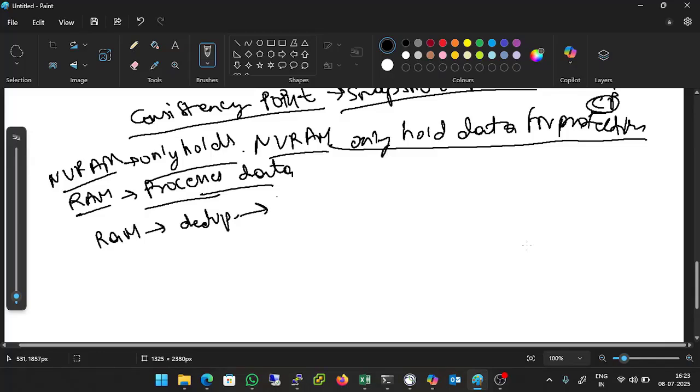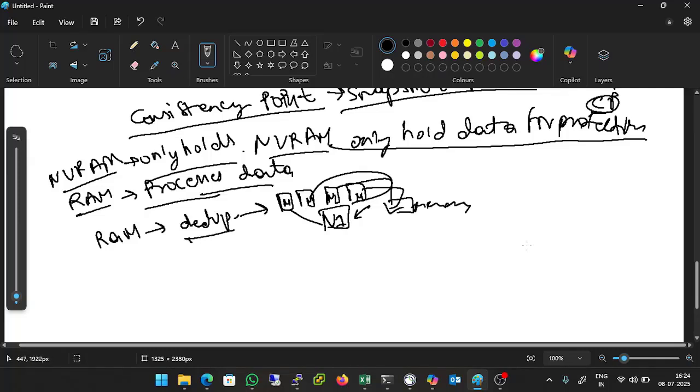Deduplication, as we all know, if we have many data of the same type, N1, N1, N1, N1, it will only carry one N1 block and the references of all the other blocks to it. It doesn't delete the data. Deduplication doesn't delete the data, but keeps the reference of all the pointers that are also holding the N1 data.